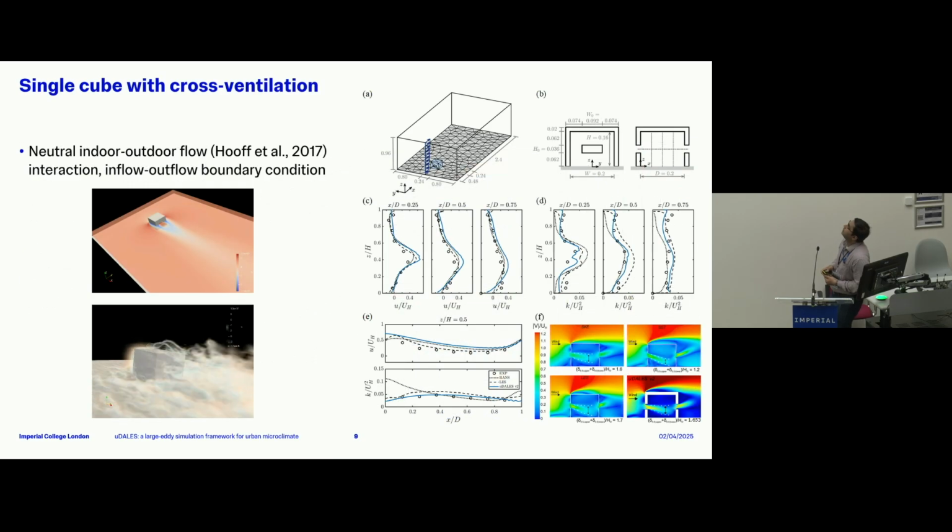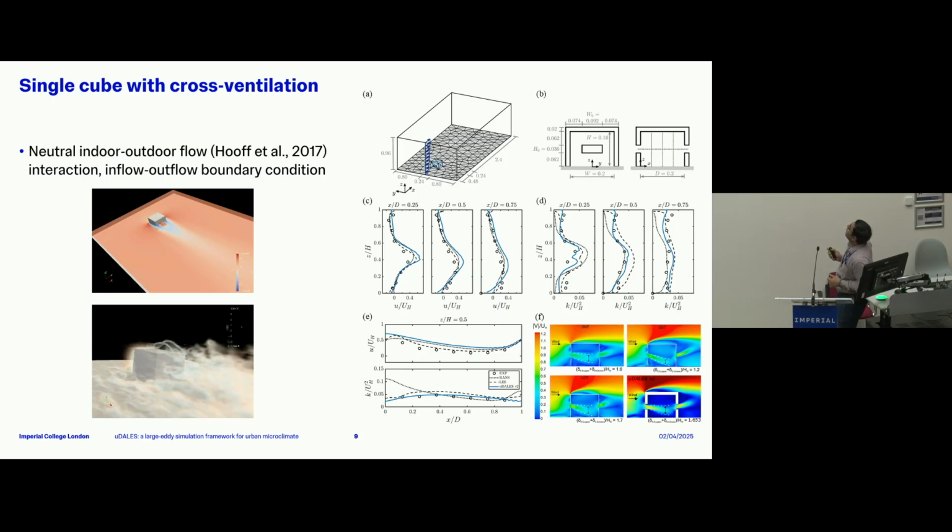Next, this is an example that shows that uDALES can not only model external flows, but also the indoor-outdoor flow interaction. To show that, we simulate an isolated building with two rectangular windows, at the windward and the leeward walls of the building, so flow can go inside the building through the windward window and go out from the leeward window.